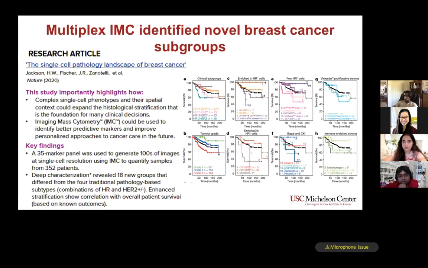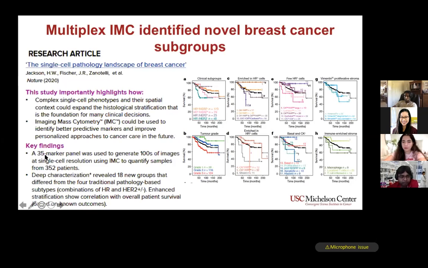So traditionally, what you know in breast cancer is that you have hormone receptor positive cancer, or HER2 positive cancer, or basically triple negative cancers, right? So all the treatments are based on these 3. Now what they did here is imaging mass cytometry with around 352 patients.